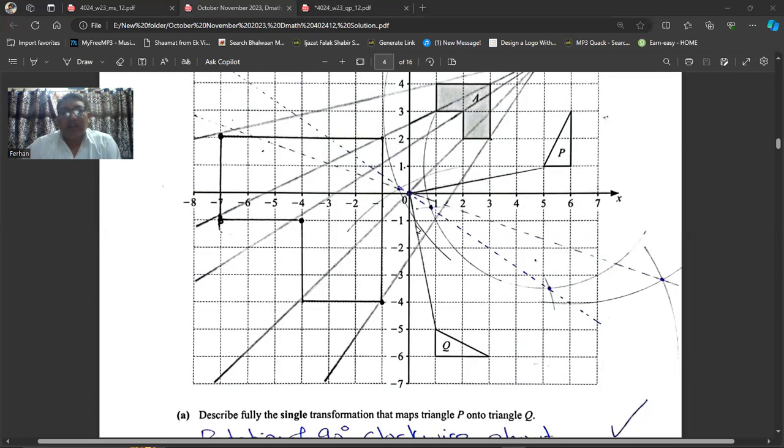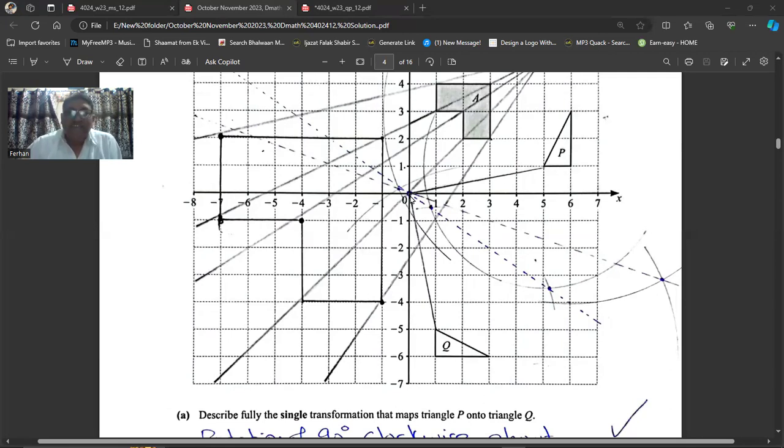When you join them, these dotted lines are the perpendicular bisectors. Where they intersect each other, that is the center of rotation.